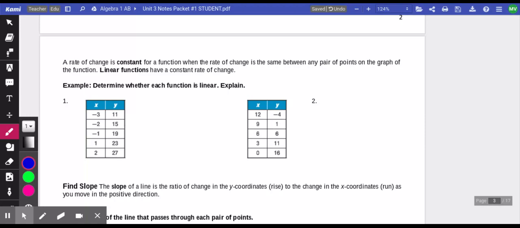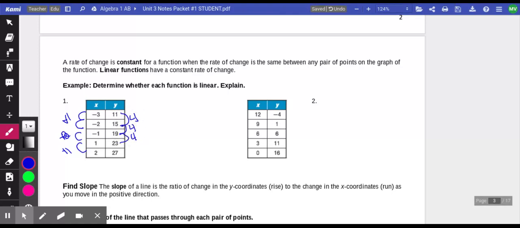So when I look at this one, I notice that here I'm adding 1 for the x's, then I add 2 for the x value, then I add 1. It's important to note what happens in change in y and change in x. So here I add 4, here I add 4, here I add 4.